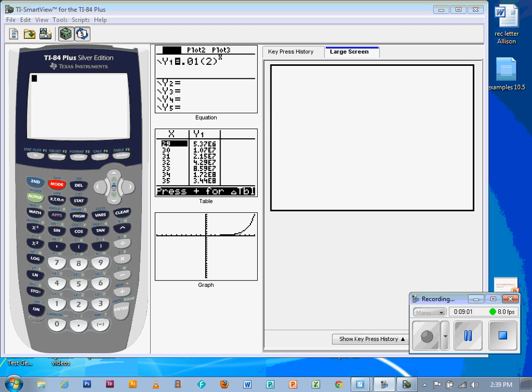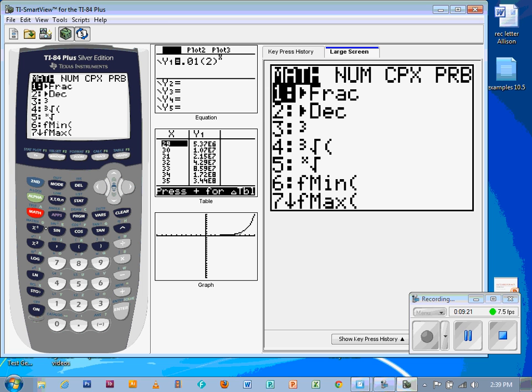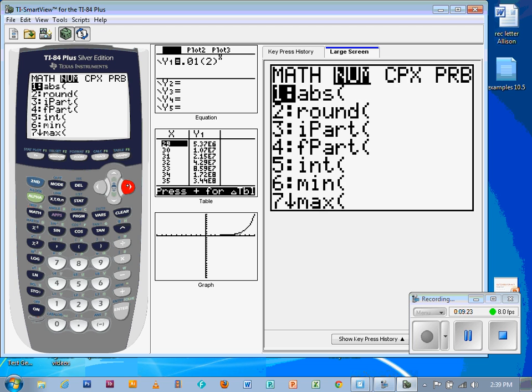I'll demonstrate first to you how to calculate a factorial. The problem that I gave you was arranging 3 factorial, which is 3 times 2 times 1. We could do that by hand, but let's do it with a calculator because you're going to end up having some very large numbers if the number gets larger. So let's put 3 in. What you do then is you go to your math button and go to PRB.